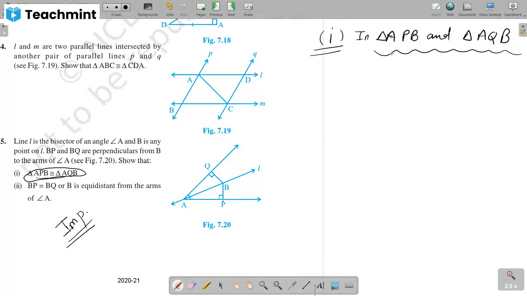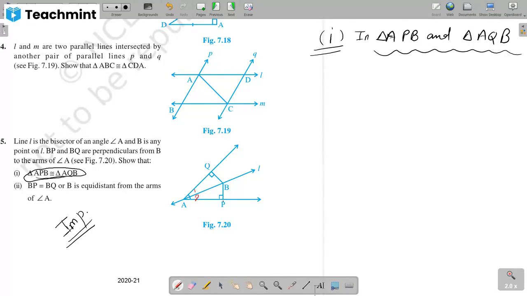Who will tell me? Tell me your names. Ma'am, Shardul. Okay, Shardul. Ma'am, first we will take angle A. We will take angle 1 and angle 2, which are bisected by L. Good.